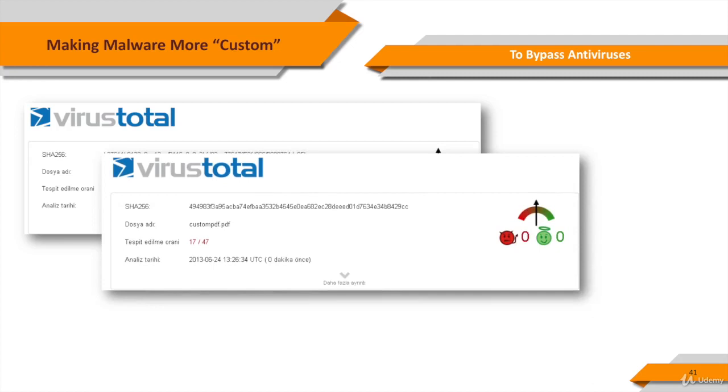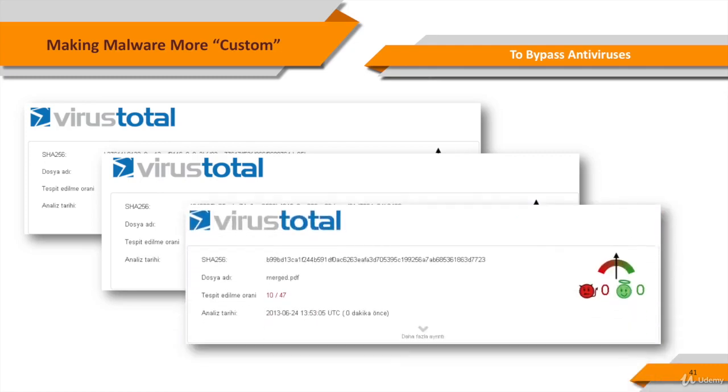In the second picture, a custom payload using Windows/Meterpreter/reverse_HTTPS payload of Metasploit was created by Veil and embedded into the PDF file. 17 of 47 antivirus programs detected the malware. In the third picture, the document used in the second picture was merged with a clean PDF file. This time, only 10 of 47 antivirus programs detected the malware.